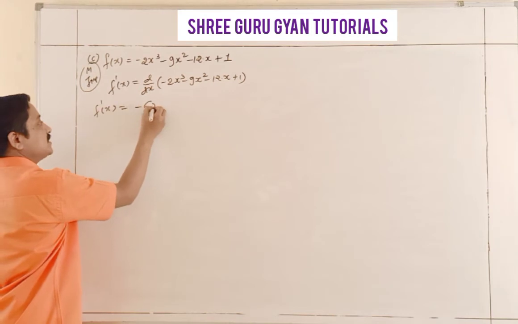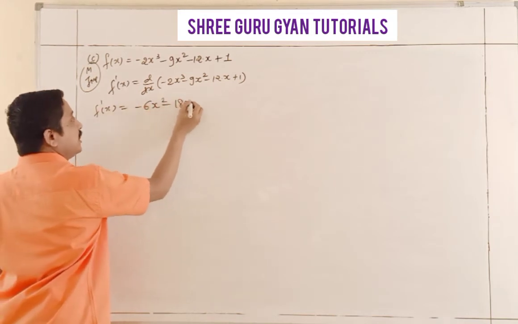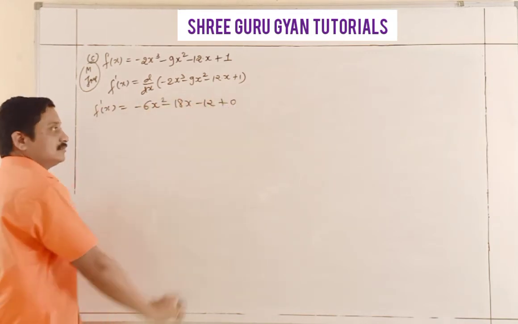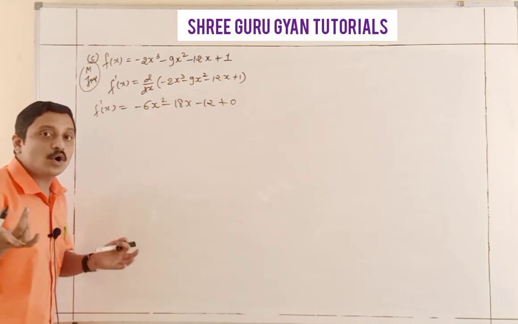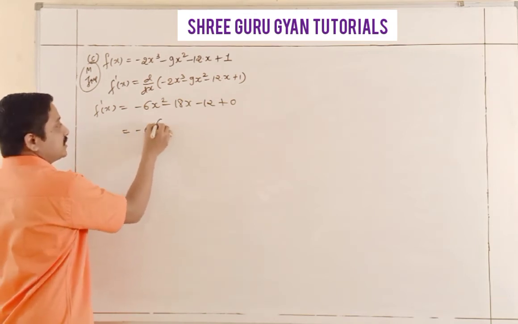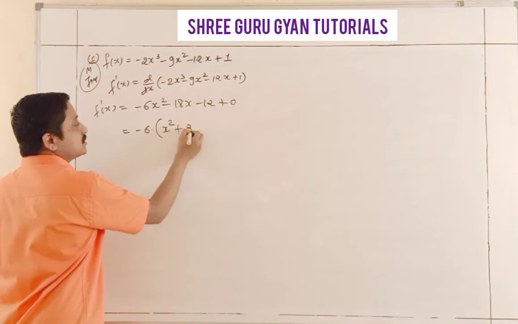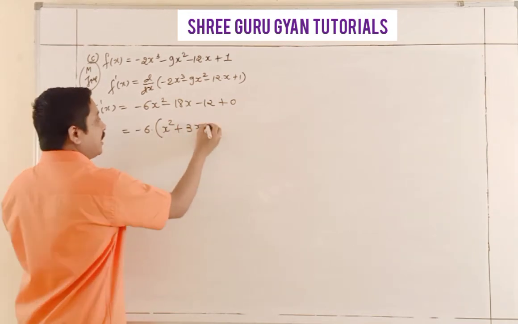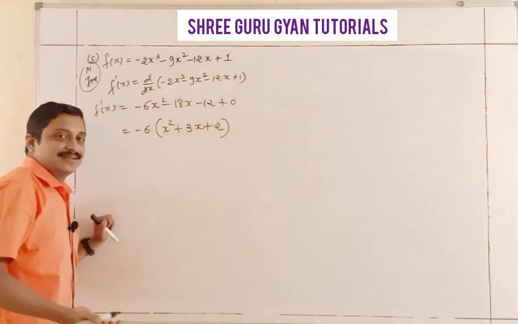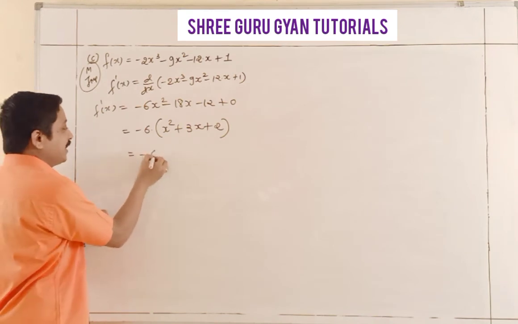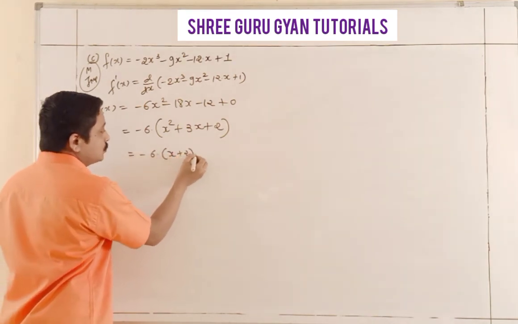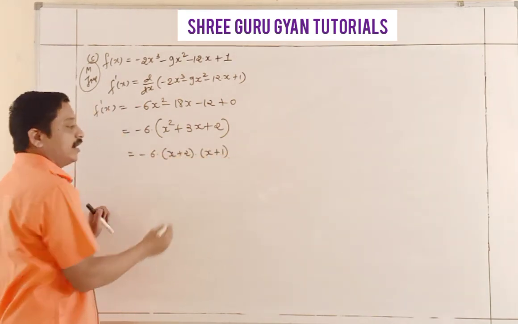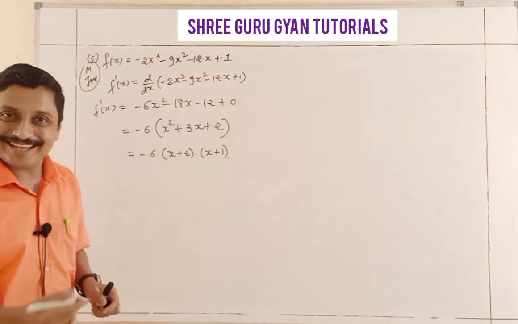Minus 6x^2, 9 twos are 18, minus 12. And here you take the common factor: minus 6 common, x^2 plus 3x plus 2. It's easily split: x plus 2 and x plus 1.